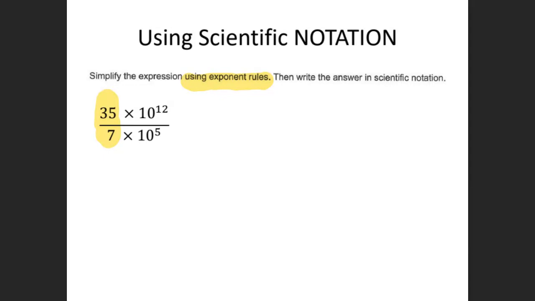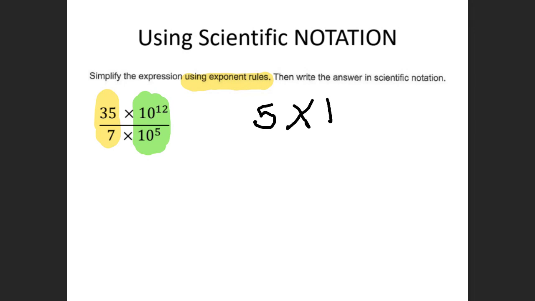Then you're going to use your quotient rule. Remember, quotient rule, that stuff we learned. Now, this will give us 35 divided by 7 is 5. There comes the x.